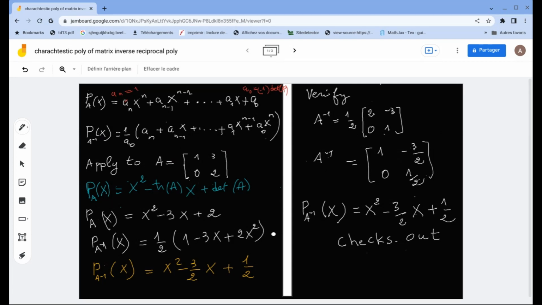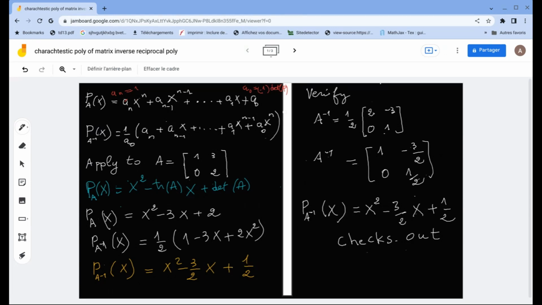I do the product and rearrange the polynomial, so I get PA inverse of x is equal to x power 2 minus 3 half x plus 1 half.